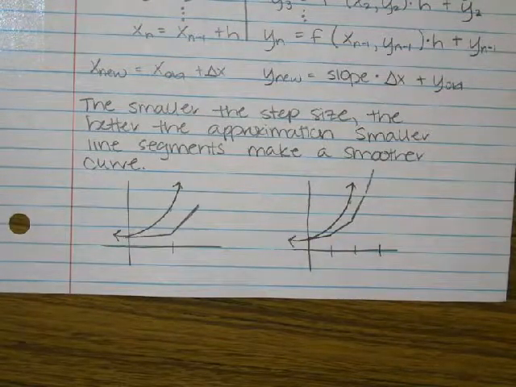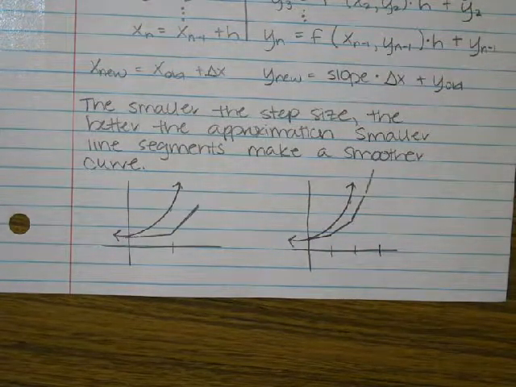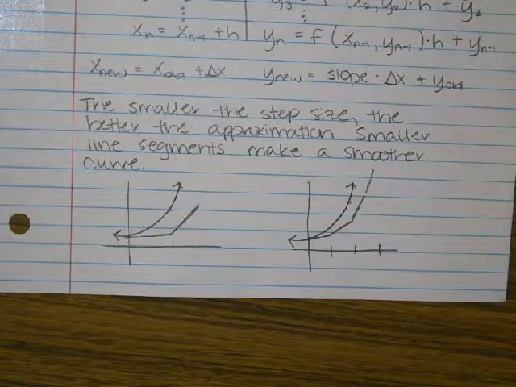Yeah, the more steps you have, so the smaller your change in x, the better your approximation of the curve is going to be, the closer you're going to get. So we might not know the actual equation of the solution to that differential equation, but our tangent lines will be close enough that we can say we essentially have it, we have mathematical answers that are reasonable enough, we are comfortable using them.